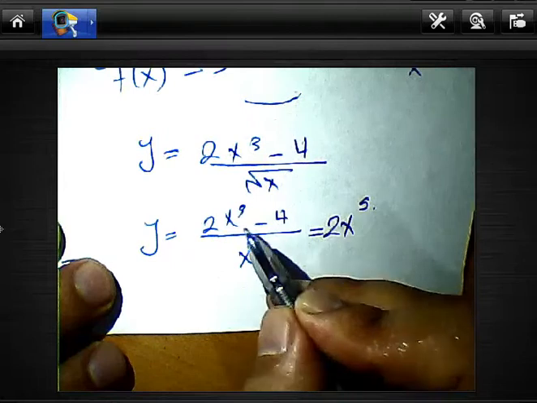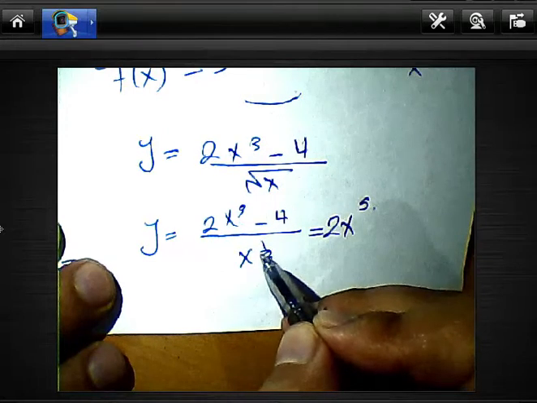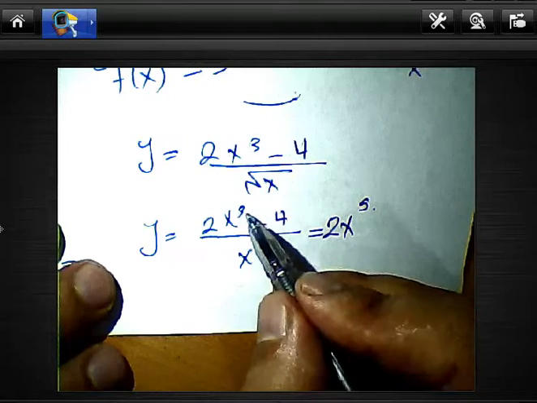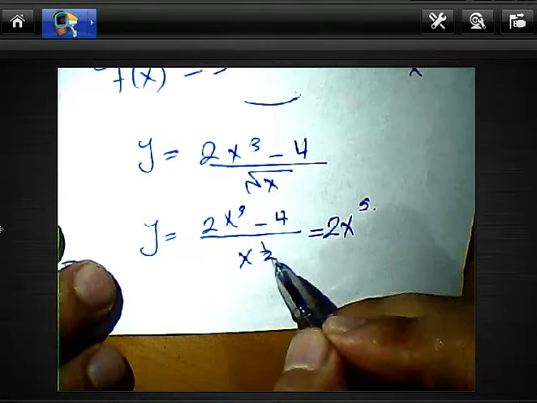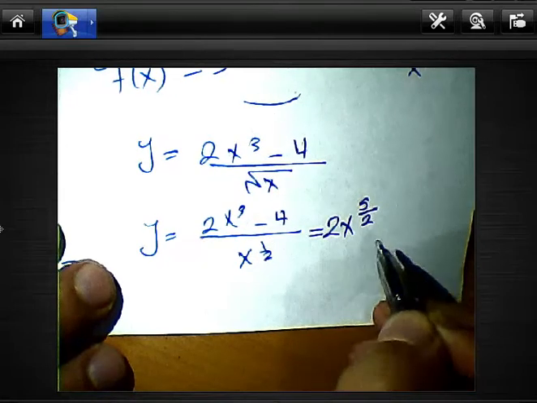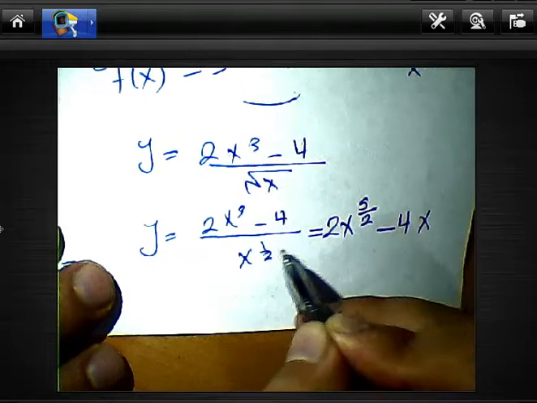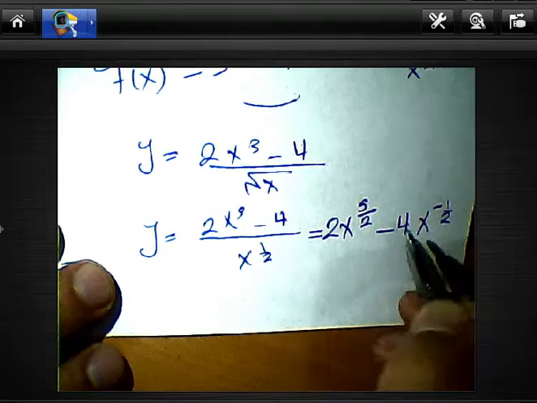Again, 3 subtract half equals 5 over 2, subtract 4 multiplied by x power negative half.